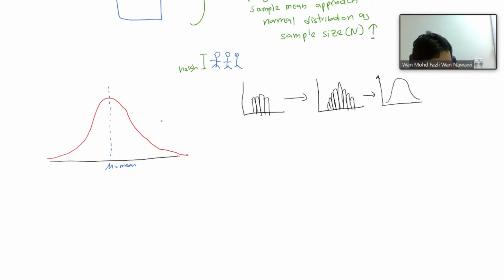So the spread is called the deviation, standard deviation. Okay, so meaning that if you have the mean there, so that is the mean. Let me draw something like this, and let me put this color. It's the mean, and the standard deviation is here.